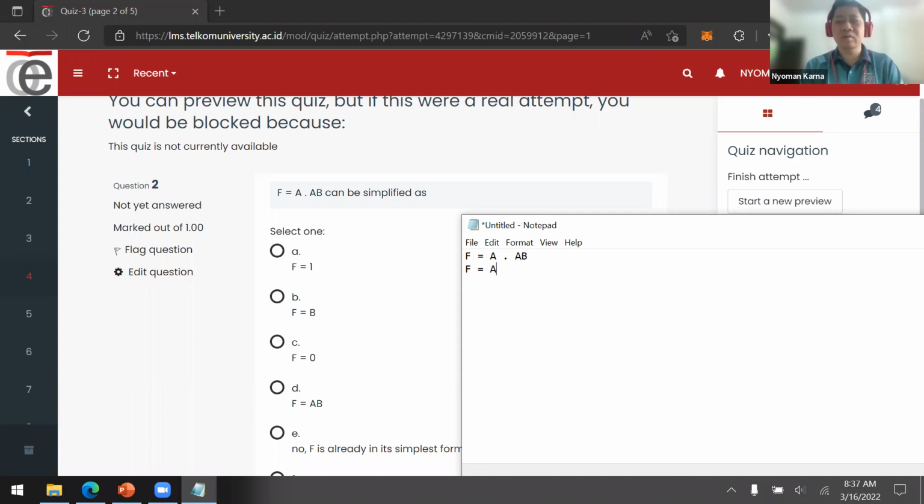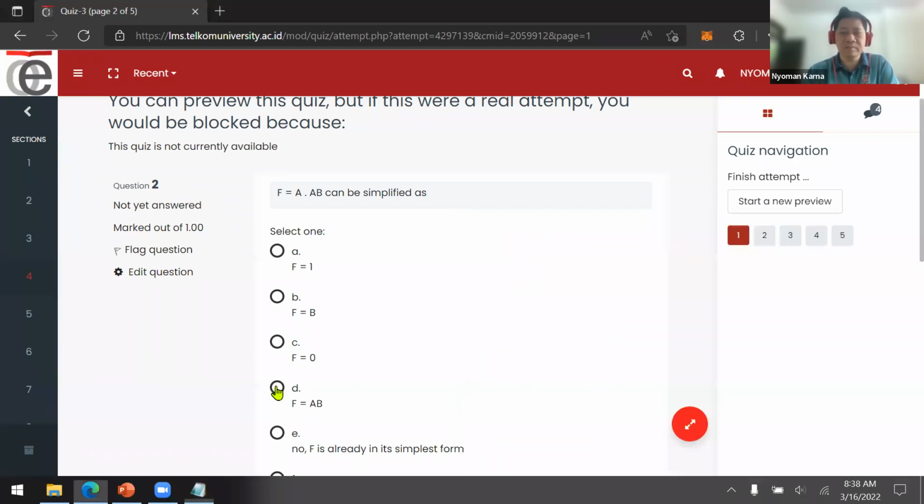Remember that in the commutative law, we can write A times A and then times B. And we understand that A times A is A itself, so it will become A times B. Now, because we have only one product, A times B, it is already the simplest function. So the answer is D.